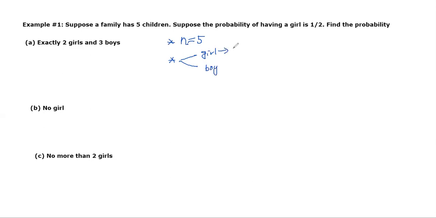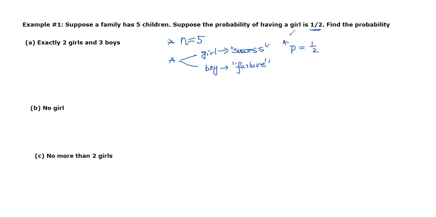So you say girl is a success, and the boy is a failure. Here it doesn't really mean failure, it's just that you can define these 2 outcomes. Then they say the probability of a girl is 1/2. That means p is 1/2. So the first child has a 1/2 chance of being a girl, the second one is 1/2, right? So we assume the chance for a girl is 1/2.